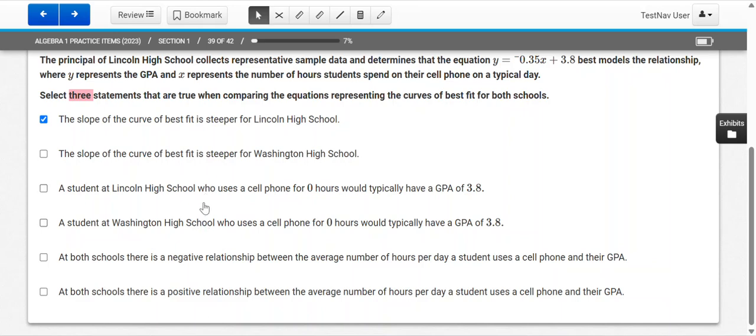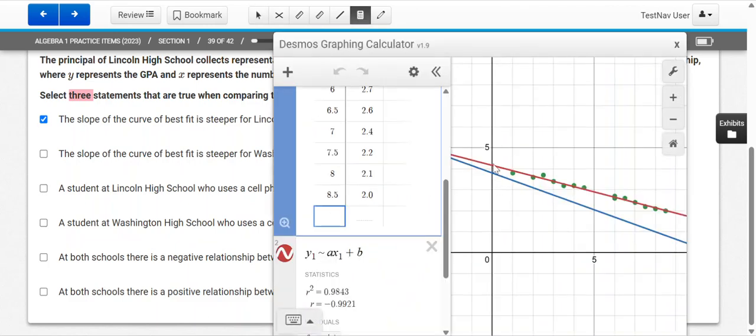The second answer will come from these two. A student at Lincoln High School who uses a cell phone for 0 hours would typically have a GPA of 3.8. A student at Washington High School who uses a cell phone at 0 hours would typically have a GPA of 3.8. So let's see. Since we have the graph, X is the hours, so 0 hours.